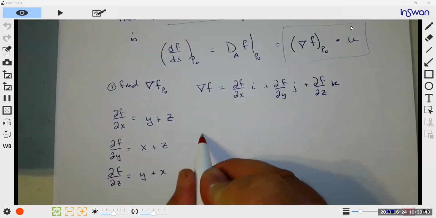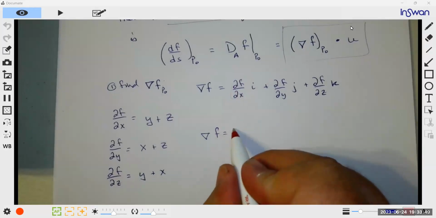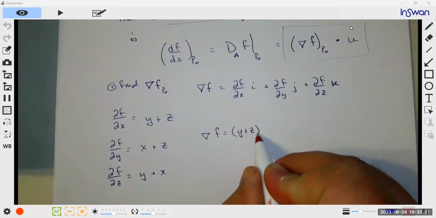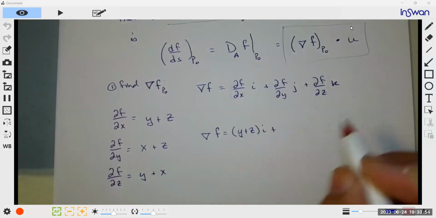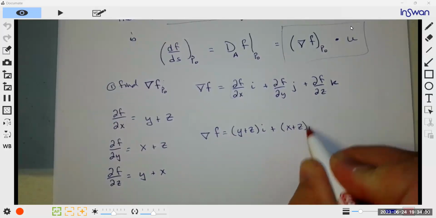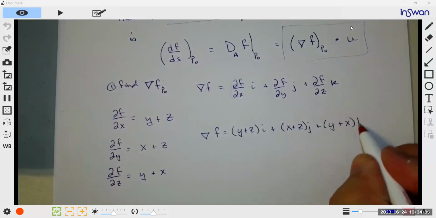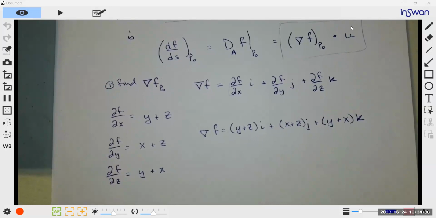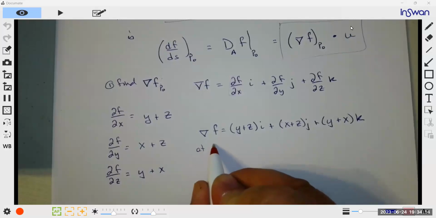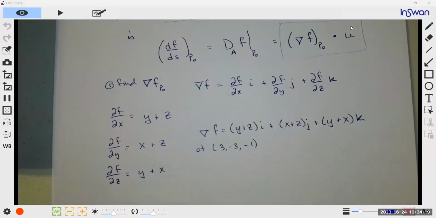All right, so we can build our del function now. This is y plus z i, plus this one is x plus z j, plus y plus x k. Remember, this is at the point 3, -3, -1. So we start plugging in the values.